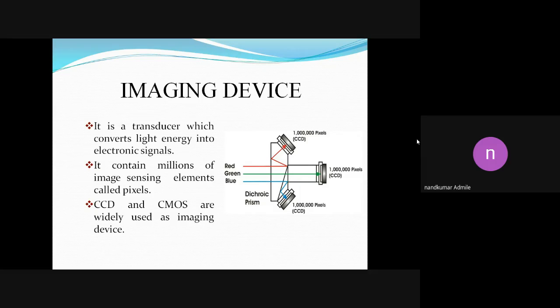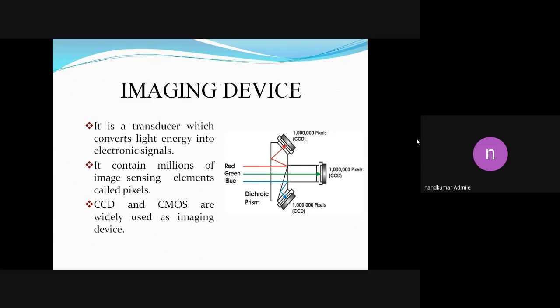Okay, so what is an imaging device? Basically, the imaging device is a type of transducer. Maybe you know the function of a transducer: it can convert light energy into an electronic signal. When we use the video camera, we need to convert the light energy into an electronic signal so that we can store the video in a storage device.